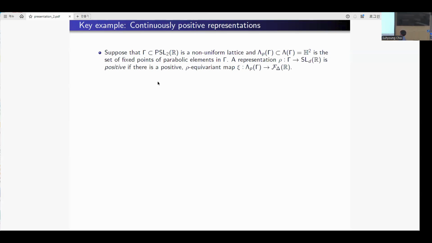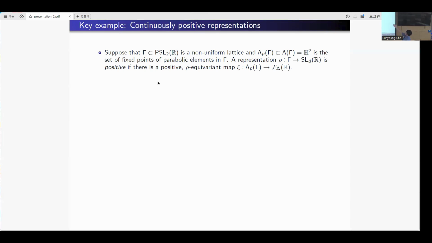Then I'm going to look at this subset lambda P gamma instead of lambda gamma, which is the set of fixed points of parabolic elements in gamma. This is a countable dense subset inside the boundary of H2. A representation rho from gamma to SLDR is a positive representation if there is a positive rho-equivariant map C from the fixed points of parabolic elements into F delta RD.